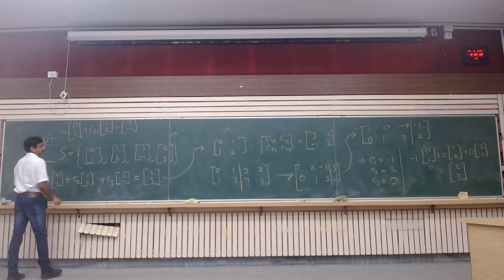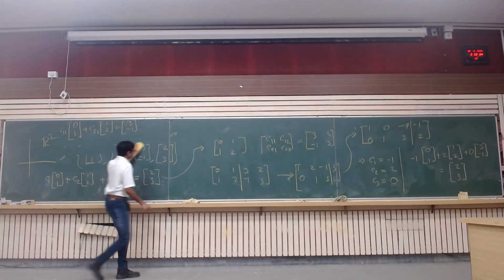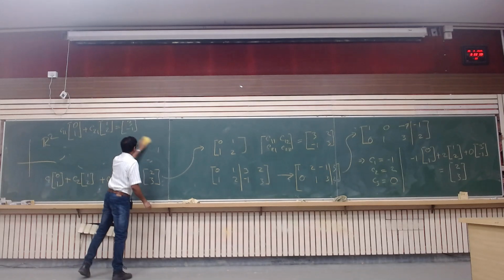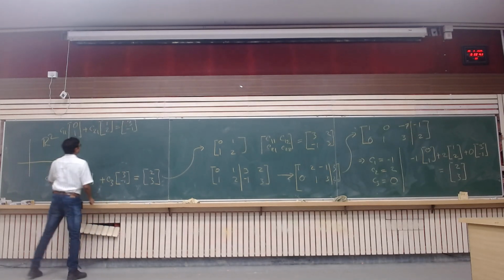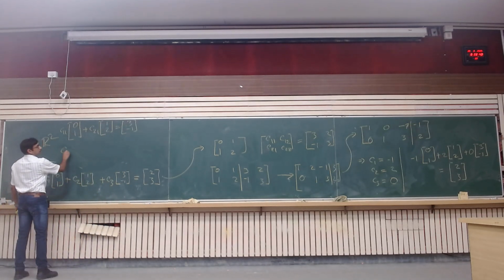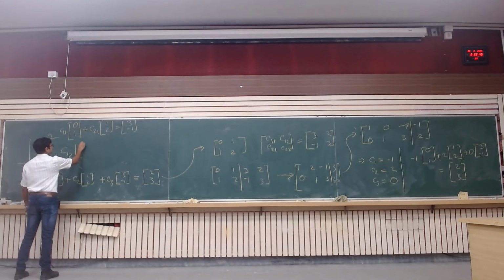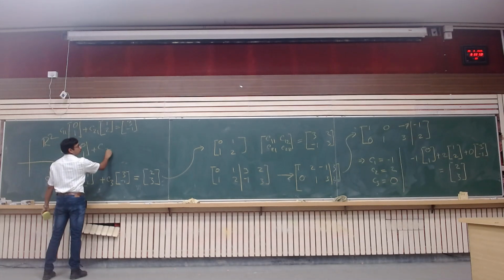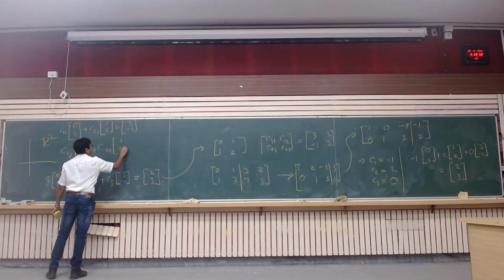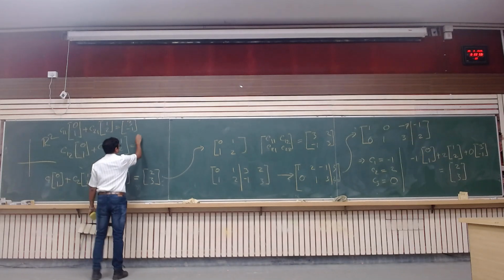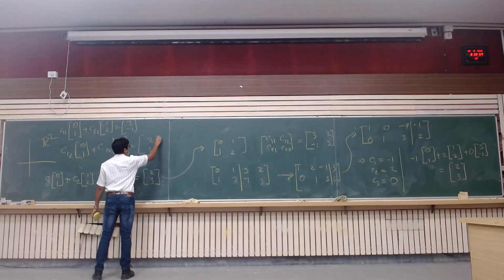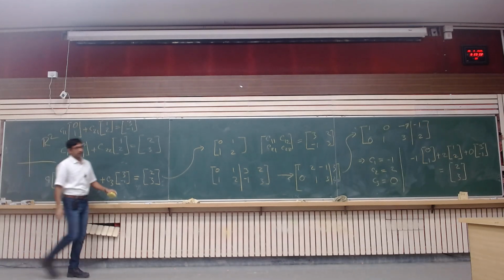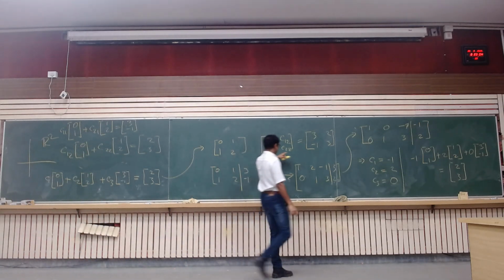And the second column would give you C12 times 0, 1 plus C22 times 1, 2. This is giving you the last one, 2, 3. So we are trying to solve this in terms of C11, C12, C21, C22.